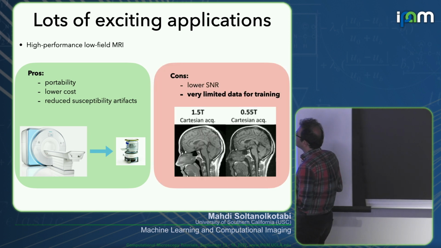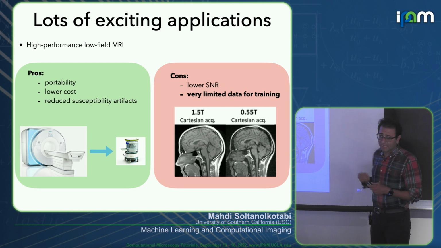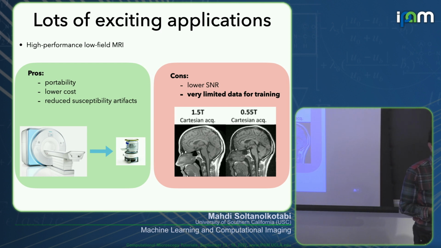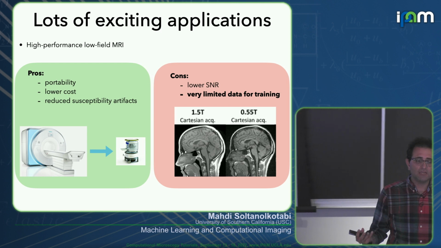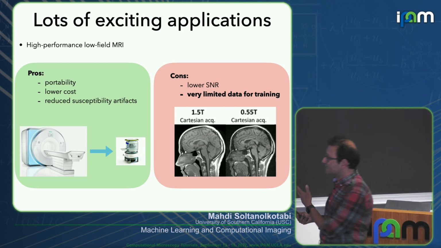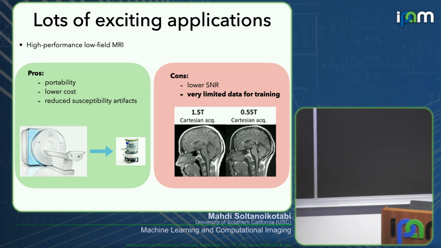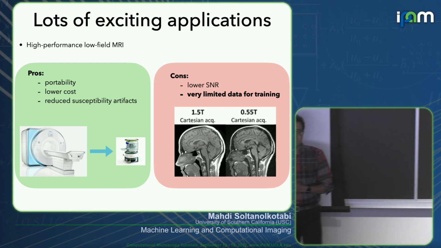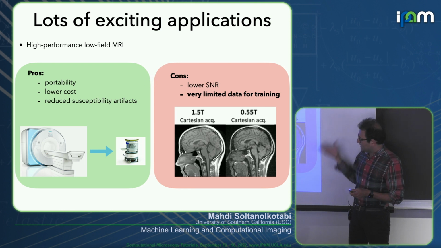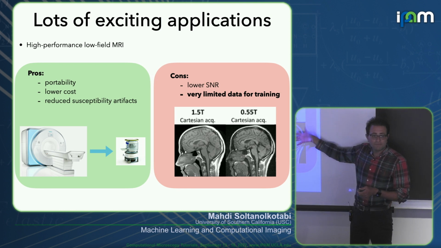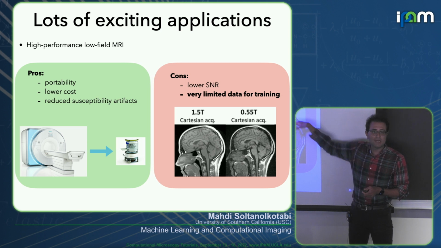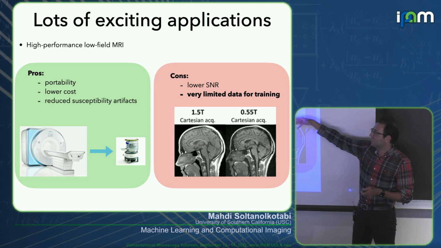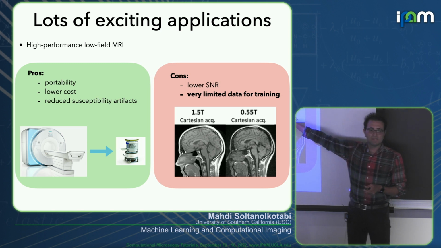But of course, the cons are a lot, right? Exactly because you have lower magnetic fields, you do not have as high quality a measurement. The contrast is different. You have a lot of noise, right? The SNR is much more limited and so on. But the real question is, can we computationally adjust for those issues, and get away with using the less expensive device?